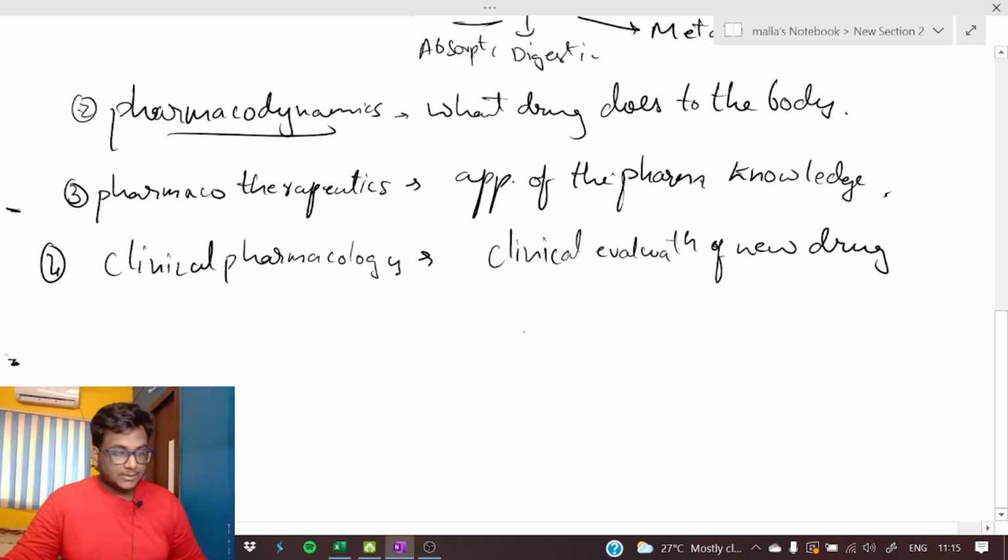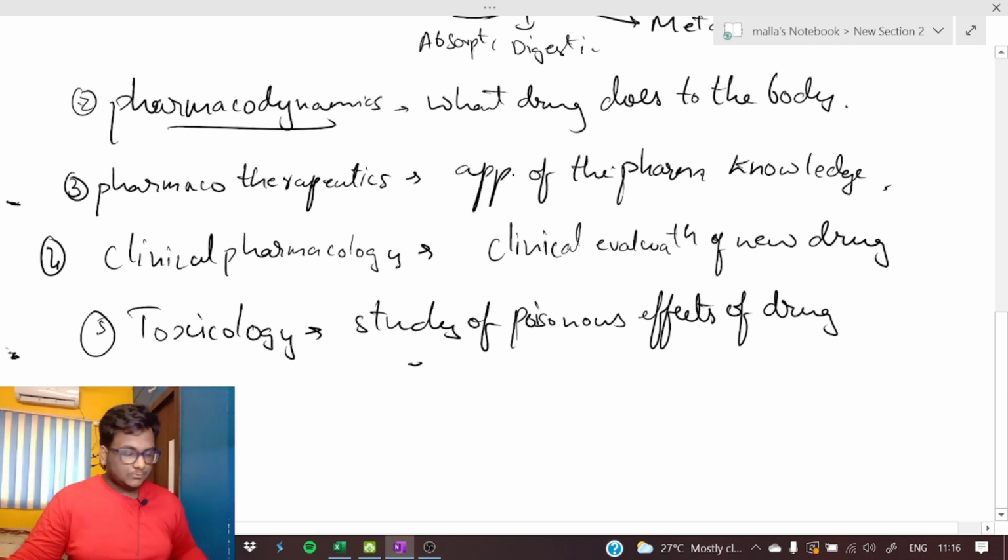And the fifth and last one is toxicology. It is the study of poisonous effects of drugs. These are the main groups of pharmacology. And drugs are mainly categorized into two types, prescription drugs and OTC drugs.